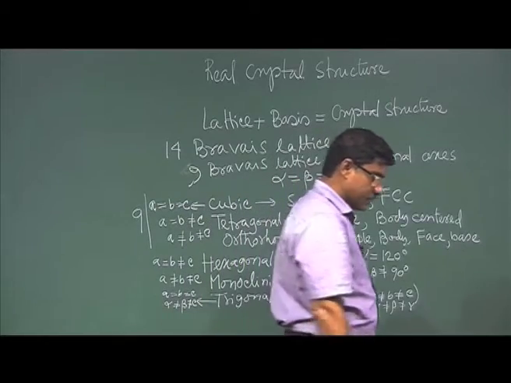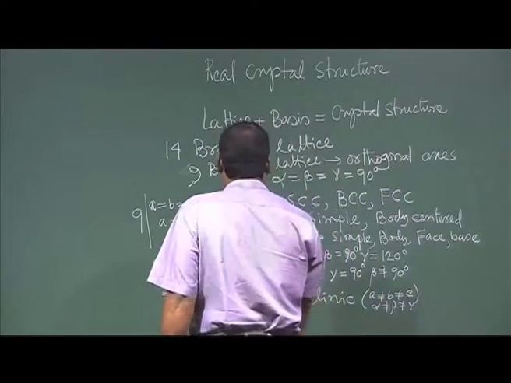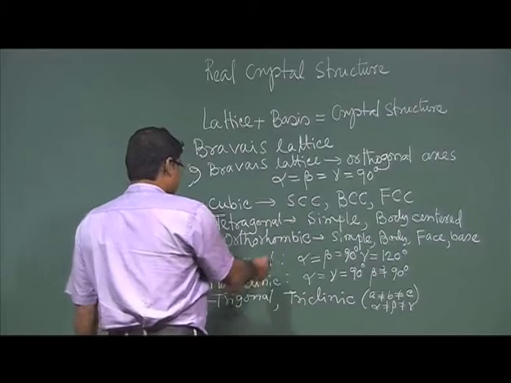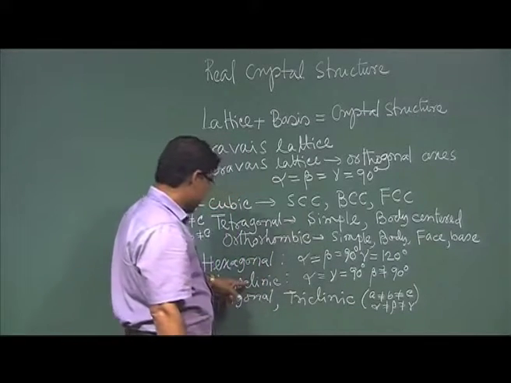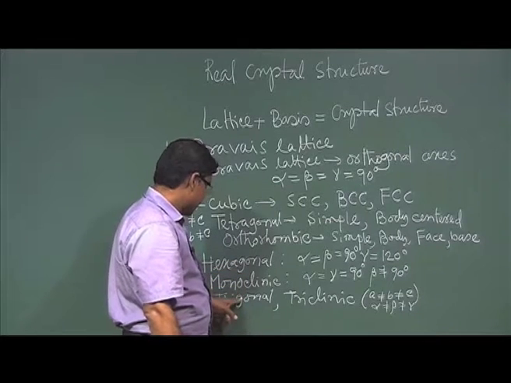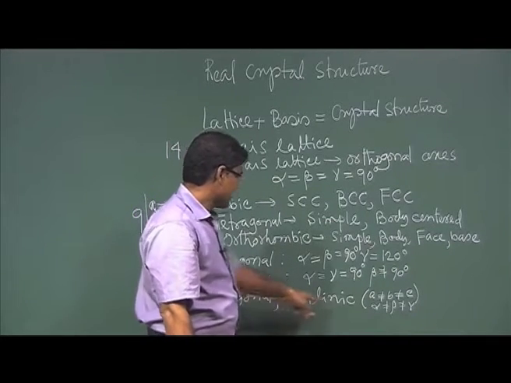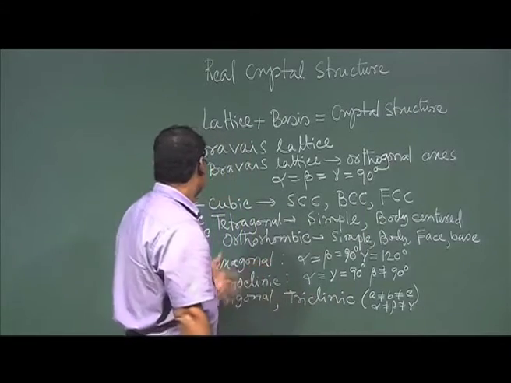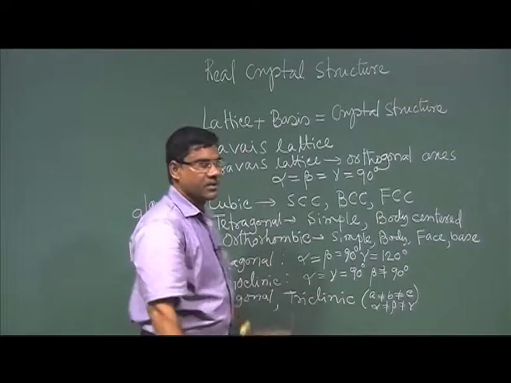So, monoclinic simple and base centered gives 2, so 3, then this simple is 4, and this simple is 5. So, total 5 plus 9 is 14 Bravais lattices.